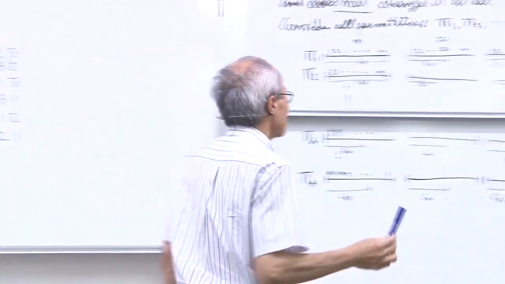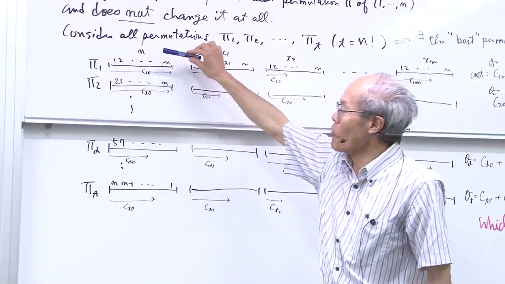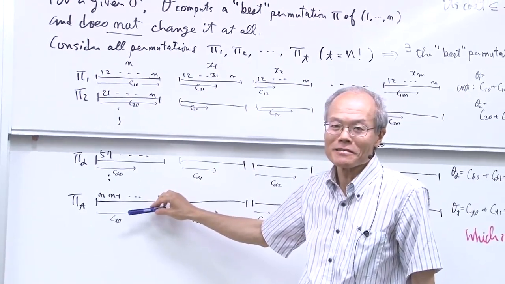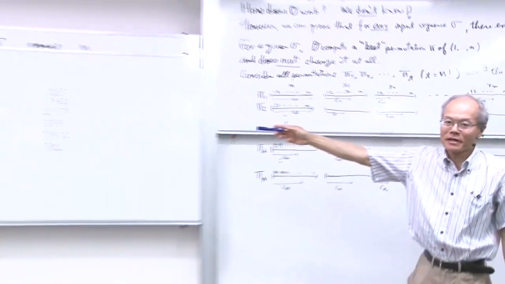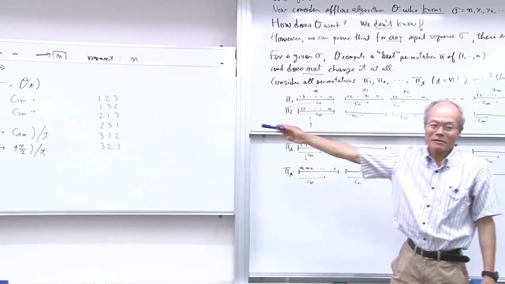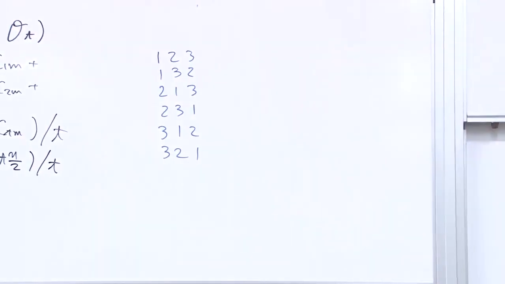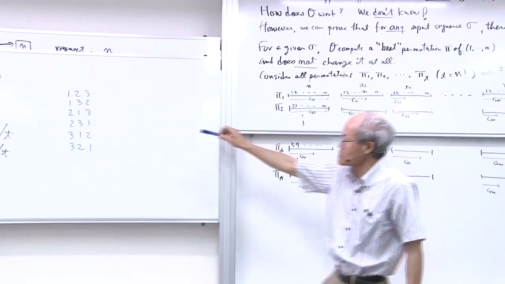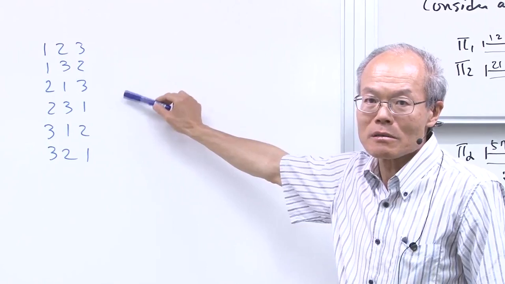Okay. This is all permutations of length n. That is just all permutations of length 3. So this permutation just looks like this. So what is the request?